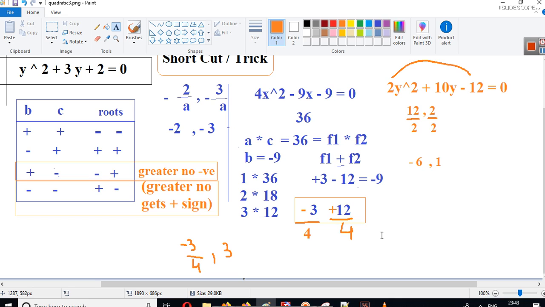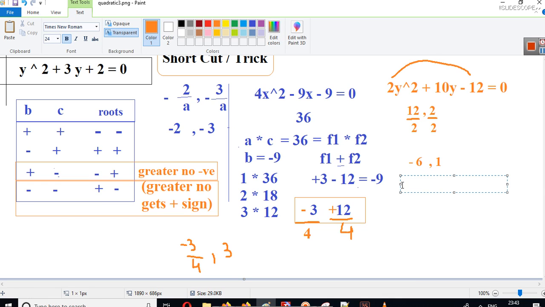So we can write minus 3 by 4 as minus 0.75. First write it this way: 1, minus 0.75, then minus 6. First let's do this much only.